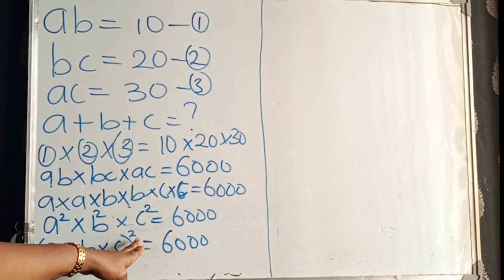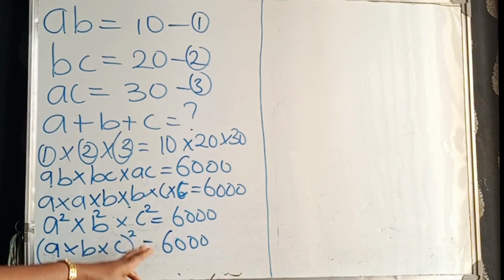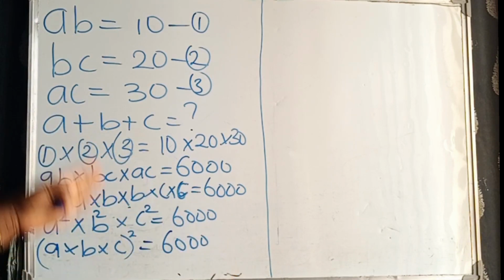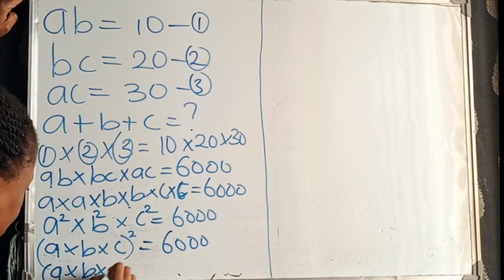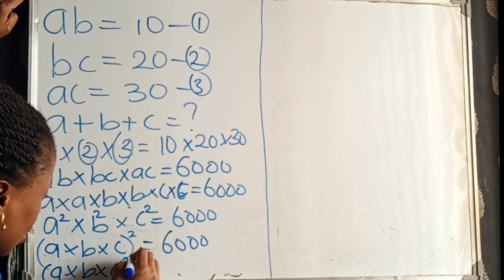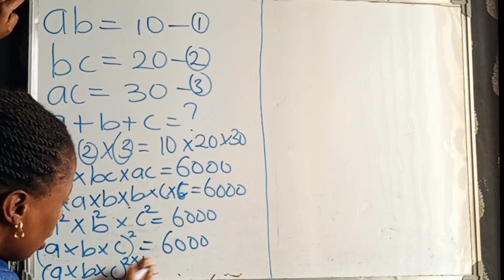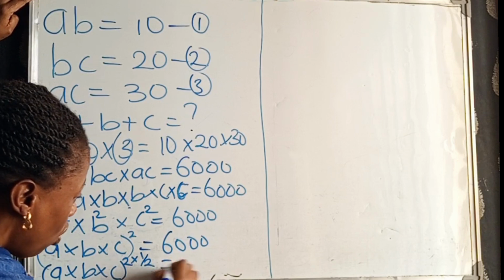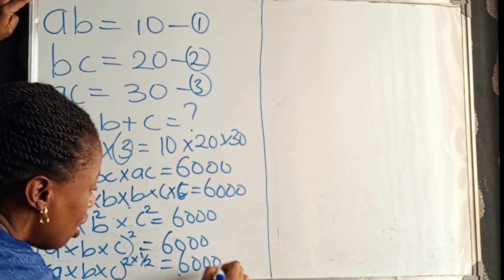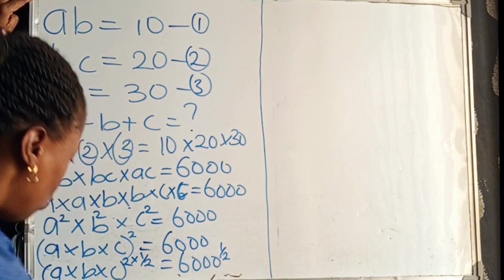For us to eliminate this square, we have to introduce 1 over 2 to both sides of this equation. So let's do that. A times B times C raised to the power of 2 times 1 over 2 equals 6,000 raised to the power of 1 over 2.